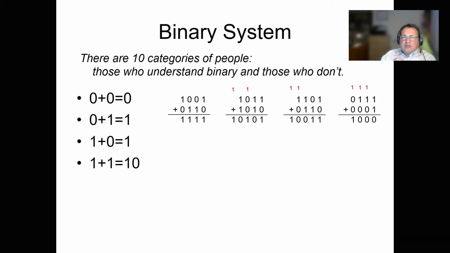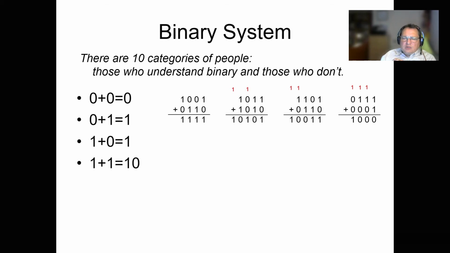So taking the first addition, 1001, if you remember, 4 consecutive powers of 2, so the right-hand side 1 has value 1, 2, 4, 8. So there is 1 and 8, so this is 9. The other number is 1, 2, 4, 8, so it's 2 plus 4, 6.